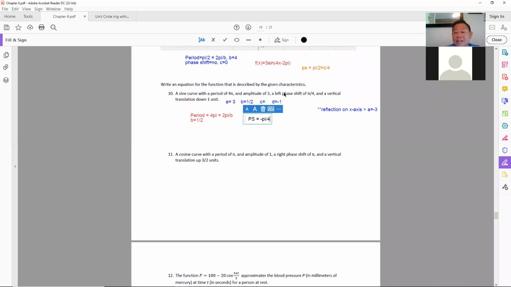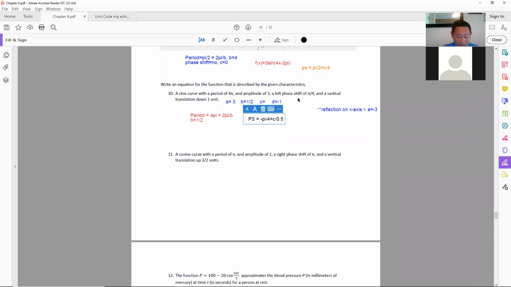Since the question says it's a left shift of pi over 4, if it's to the right, then it's positive. To the left is a negative. And don't forget the formula for phase shift is C over B. We already found B in the previous part. It's 1/2. I just used 0.5.